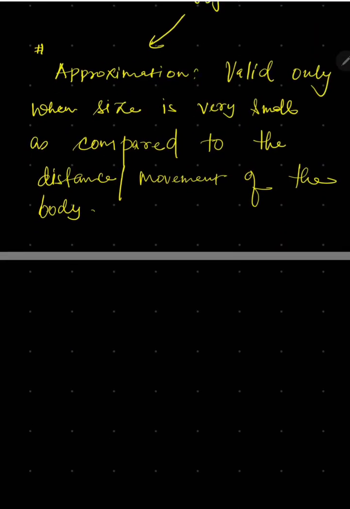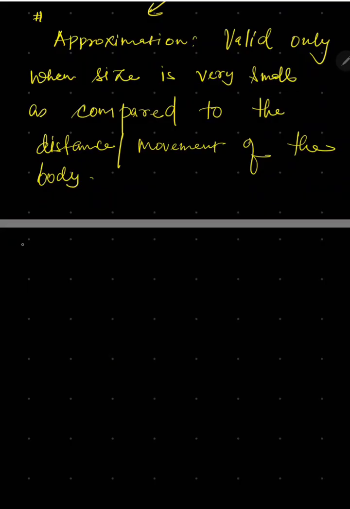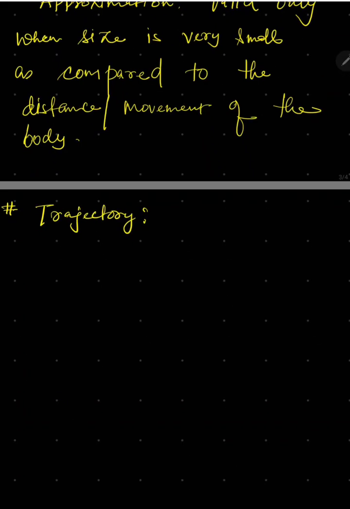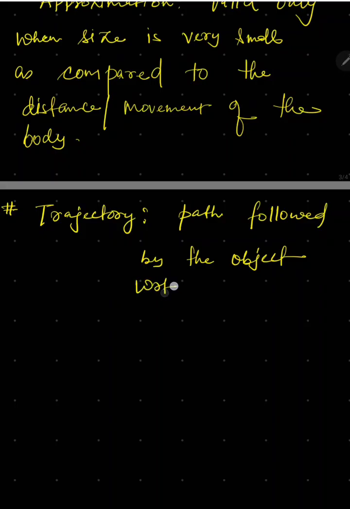Let's move to another term, which is called trajectory. Trajectory is basically the path followed by the object, with respect to the observer.